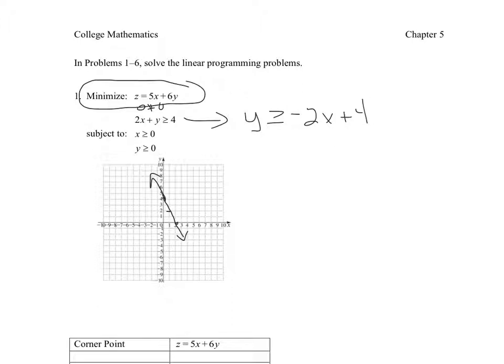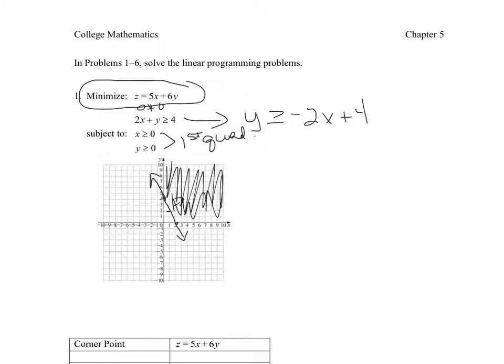So that tells me I'm not going to shade below, I'm going to shade above this line. And these restrictions right here let me know I'm in the first quadrant. My x's have to be positive, my y's have to be positive. So this is my feasible region.